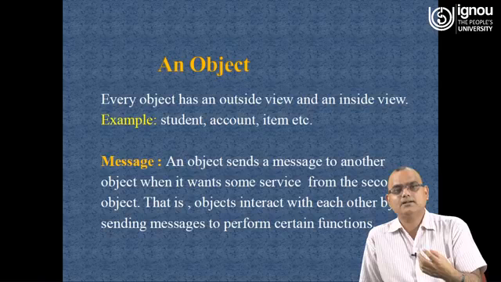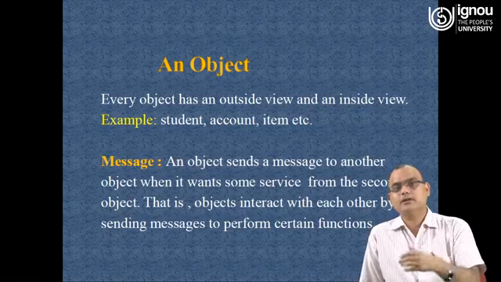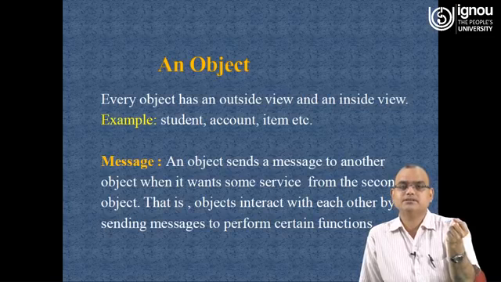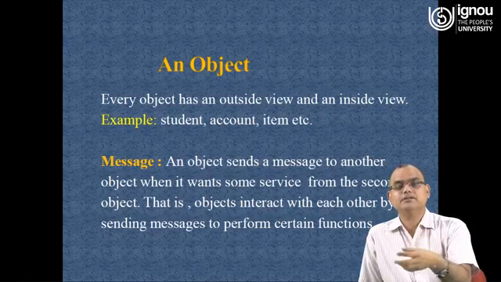So you will find that there are different objects and they have their well defined role in the system. As far as the overall functioning of any system is concerned, these objects communicate with each other with the help of message passing, and that message passing happens with the services that those different objects provide.